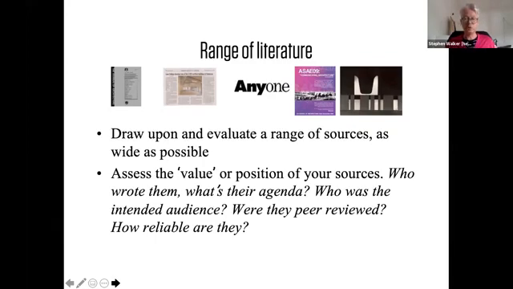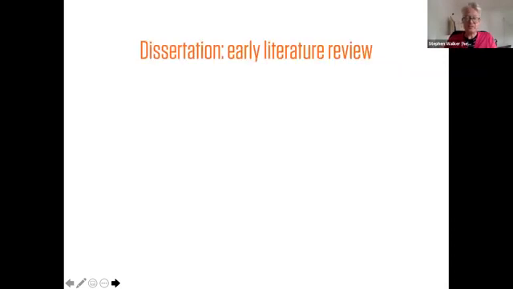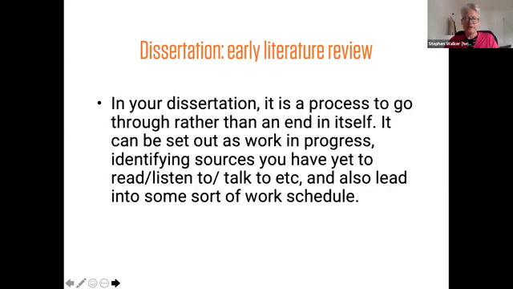Depending on what you're doing, that's all useful information. So it's up to you to make a case and to justify why you're including certain things in your dissertation. How do they help you? You might have different kinds of literature present at different points in your dissertation.